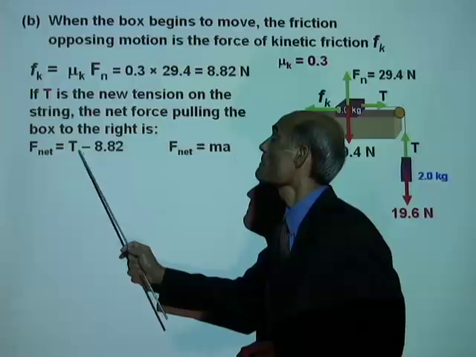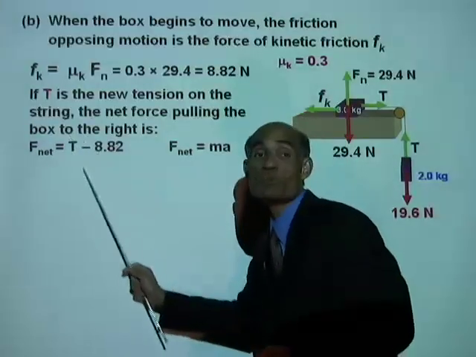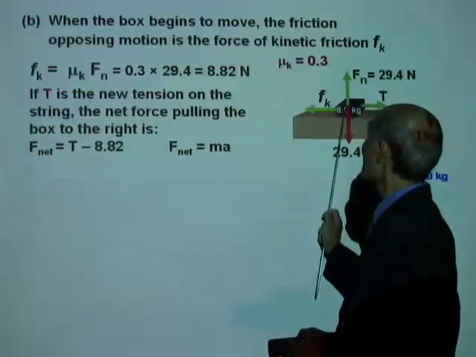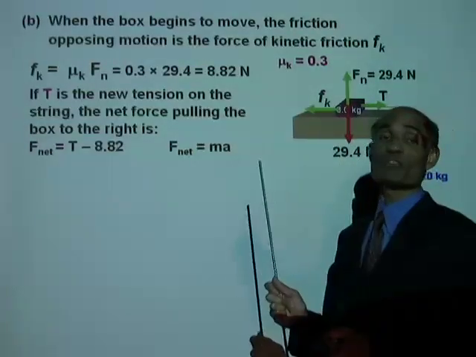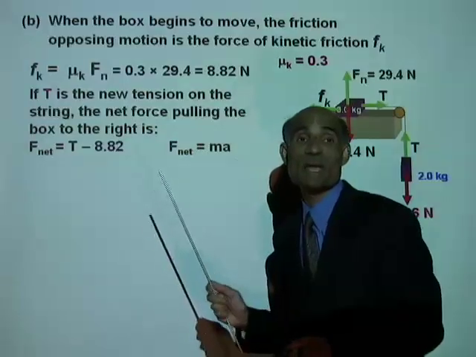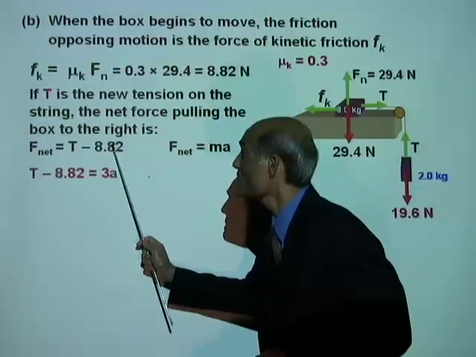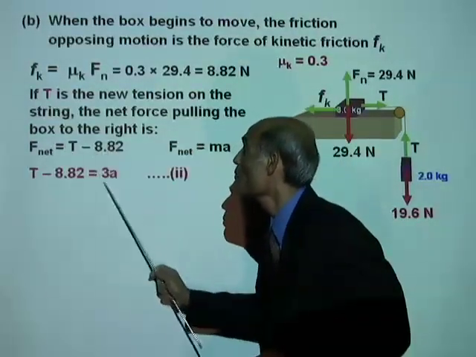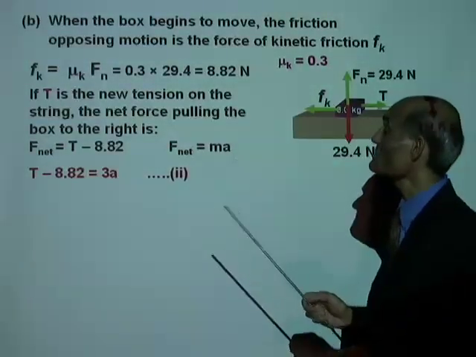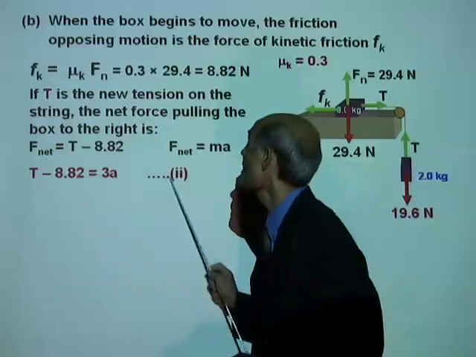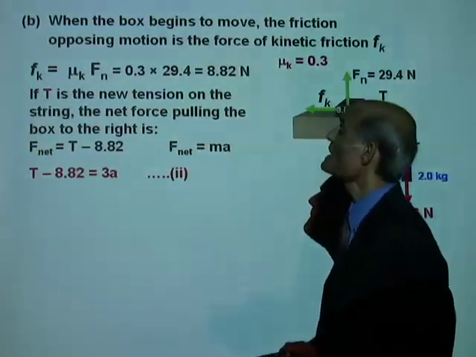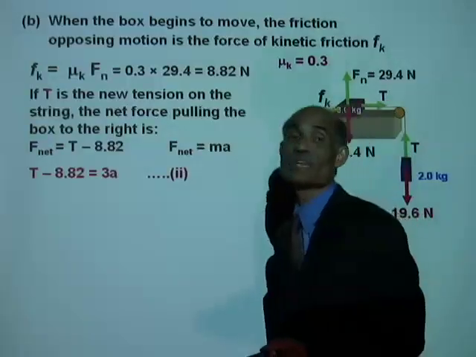This net force will produce an acceleration on that mass such that F net equals ma. So T minus 8.82 will be equal to mass, that is 3 kilogram, times its acceleration. And we have another equation, T minus 8.82 equals 3a.